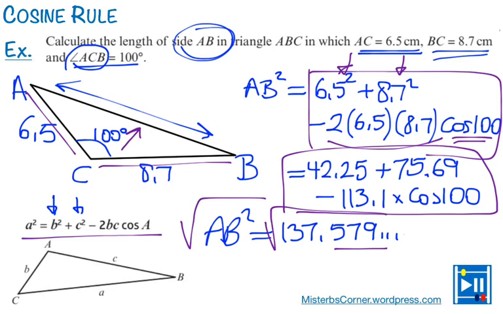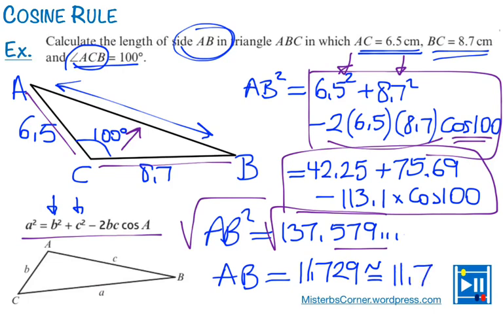Now this number goes on forever. There's no harm writing 3 decimal places to be accurate enough, right? So the square root of this number will be AB, 11.729, which you could round to 11.7.